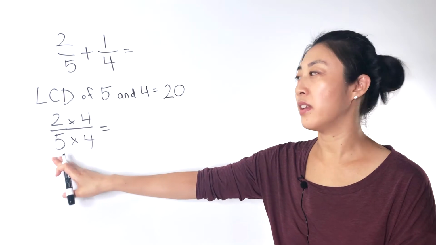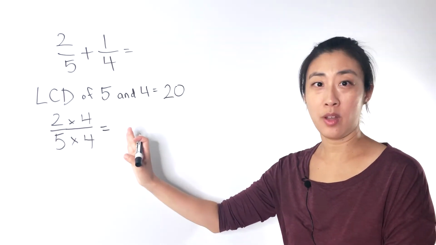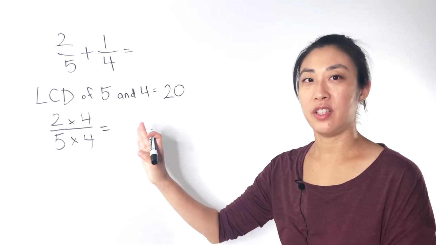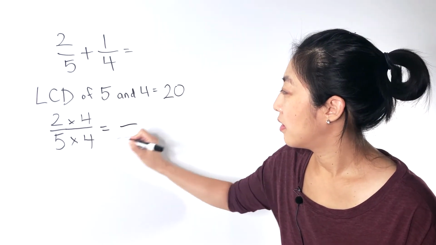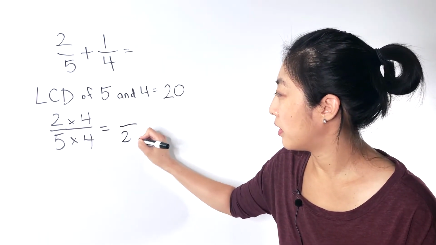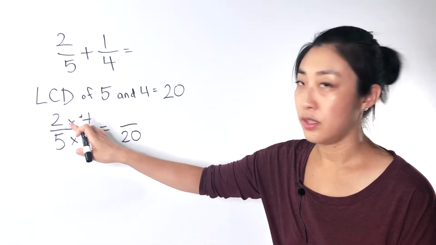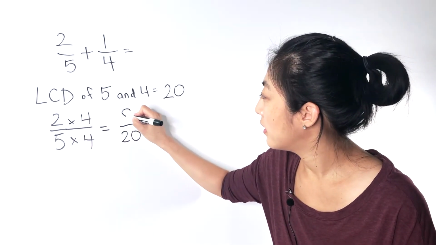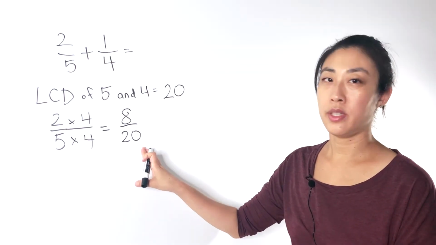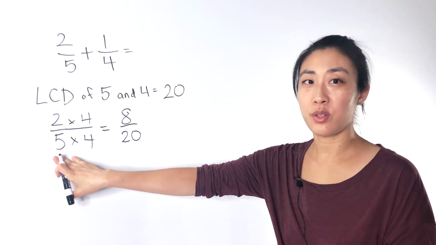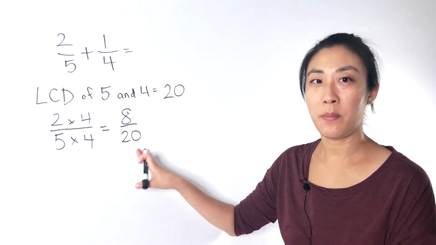So all we're doing is multiplying 2/5 times 1, so the value doesn't change. 5 times 4 is 20, and 2 times 4 is 8. Now we have 8 over 20, which is also 2/5, but in the form that we want.